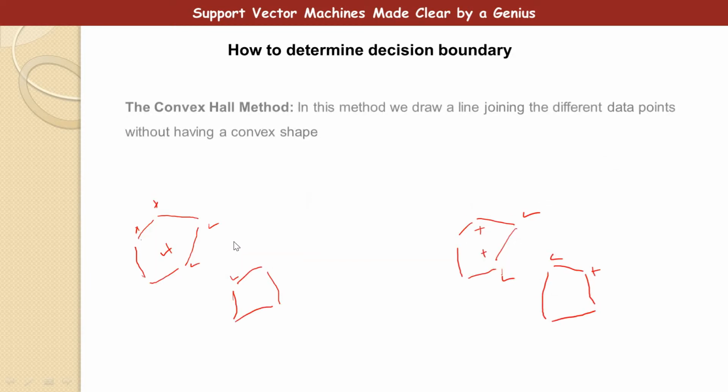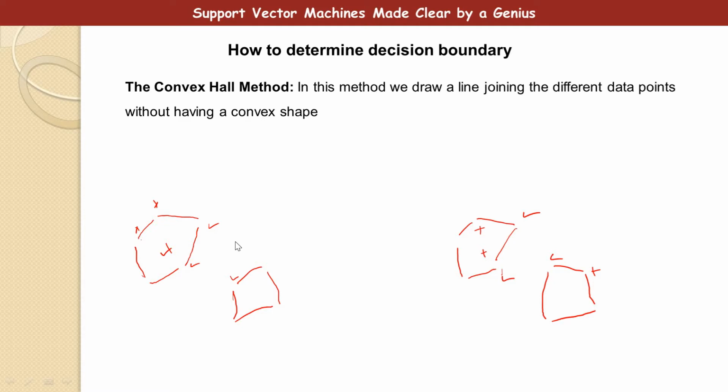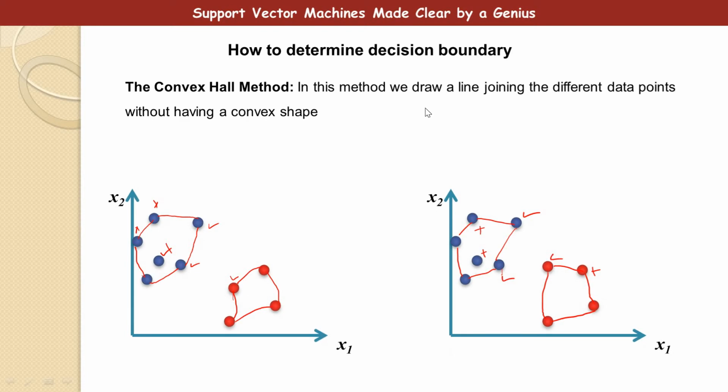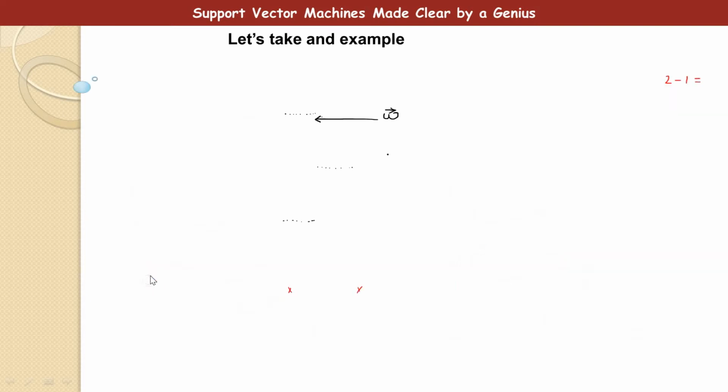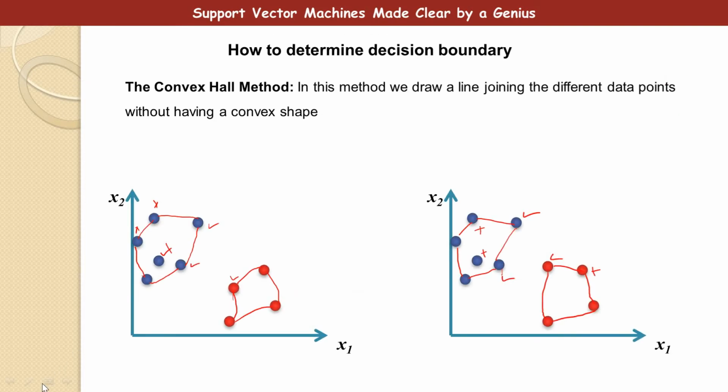There are some ways to determine the decision boundary. One of these methods is called the convex hull method, and in this method you draw a line joining different data points to form a convex shape, that is, without drawing any line that curves inwards.